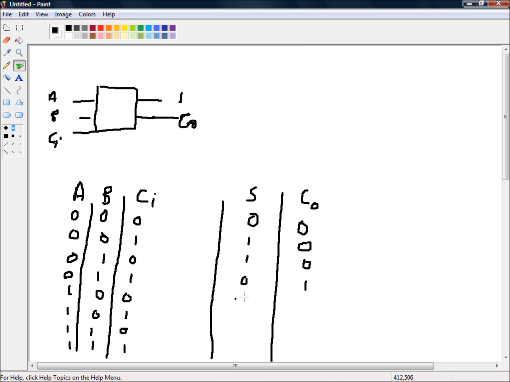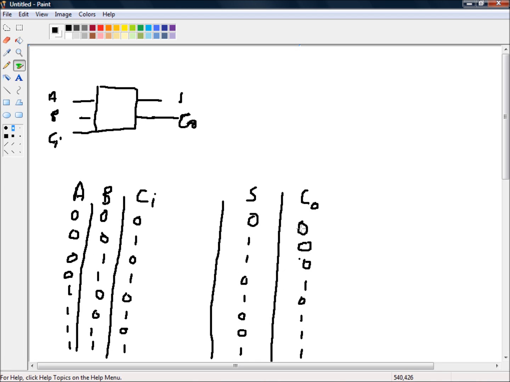So 1 plus 0 plus 0 is 1, so that's 1, carry nothing. 1 plus 0 plus 1 is 2, so that's 1, 0, so it's 0 in the sum and 1 in the carry. So 1 plus 1 plus 0 is 2, so that's again 0 in the sum, carry 1. And 1 plus 1 plus 1 will be 3, which is 1 in the units column and 1 in the twos column. So that's sum is 1, carry is 1. Okay, so this is our inputs and these are our outputs.